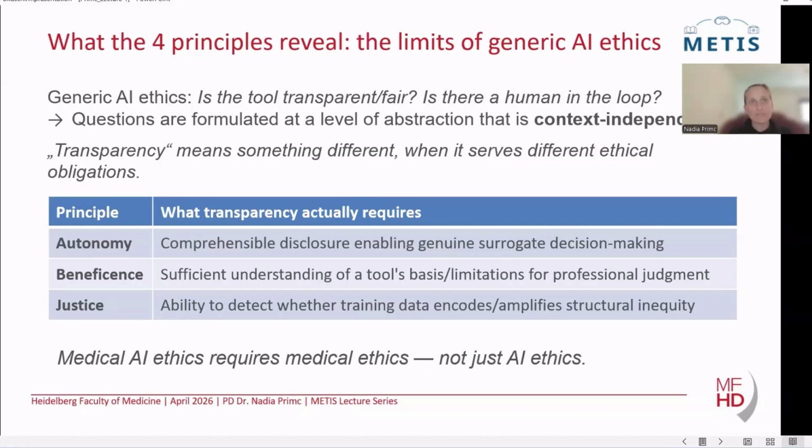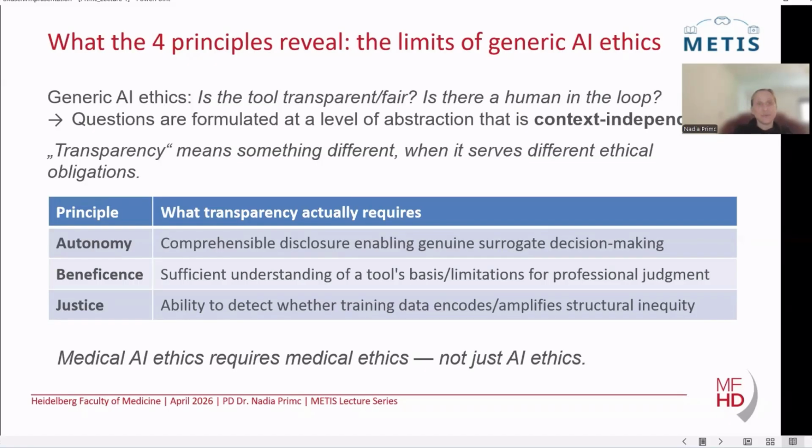Because what transparency requires for autonomy, namely clear and accessible disclosure that enables genuine decision-making or genuine surrogate decision-making, is different from what transparency requires for beneficence, for example, sufficient understanding of a tool's basis and limitations to make competent professional judgments on the side of the clinicians.